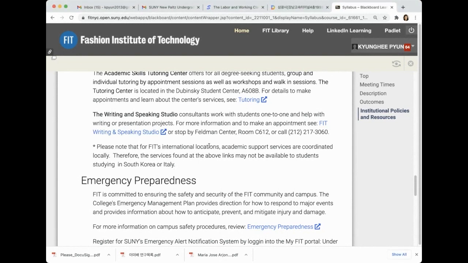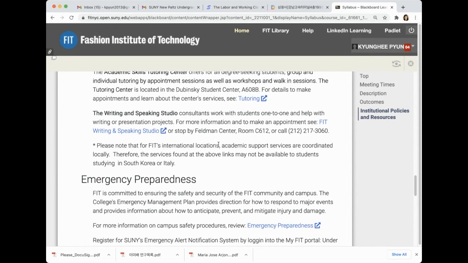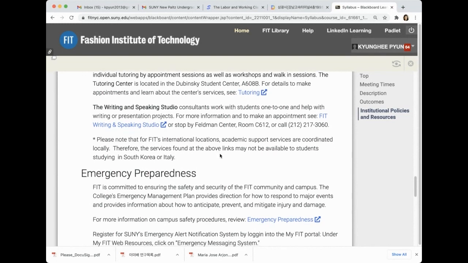When you write your resume or when you apply for jobs, you can use this service. They can meet you virtually for, I think, 30 minutes or 1 hour, or you can set up a recurring appointment. So it's a great way of utilizing your college resources, right? You pay the tuition, and where else can you get more value? By signing up for writing and speaking studios.